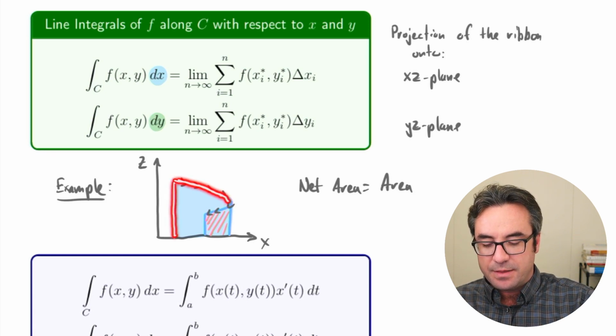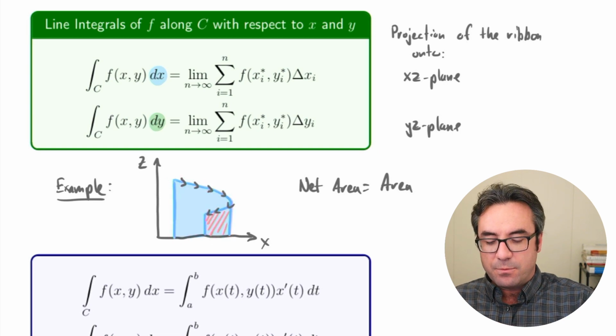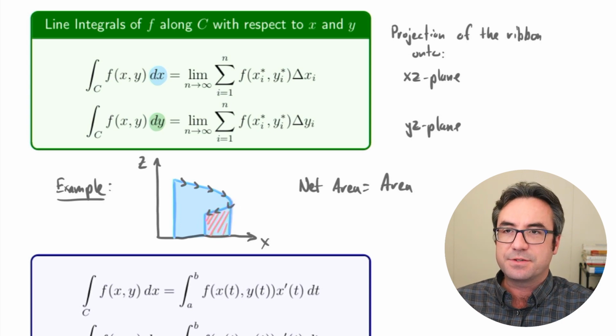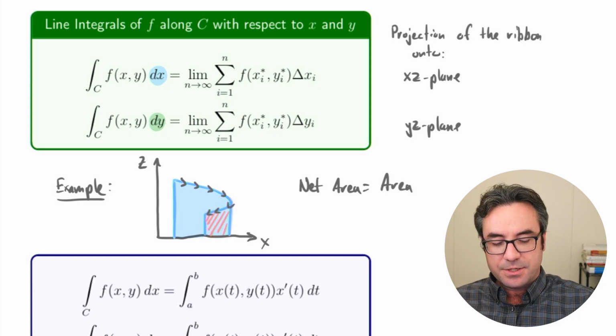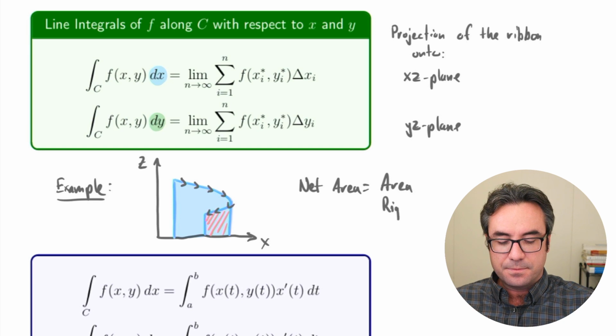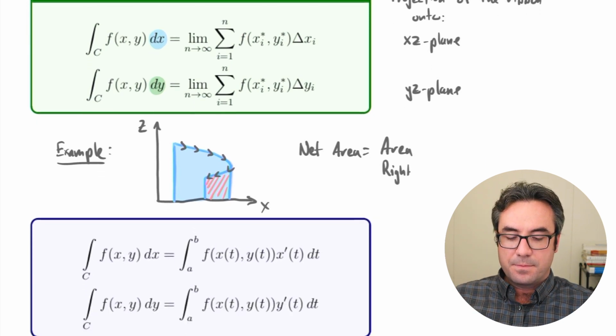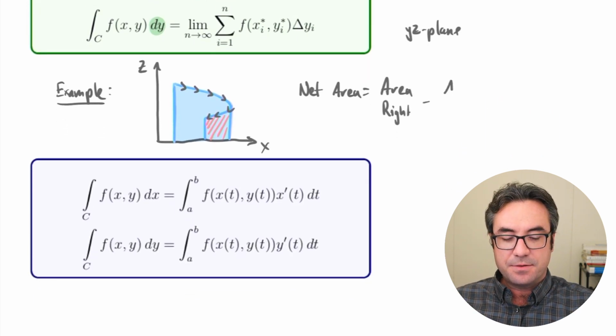So we're calculating the area of this region. But then we're subtracting out any area where we're traveling to the left. So it's the area to the right minus the area to the left.